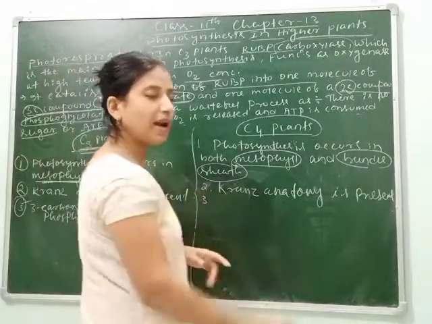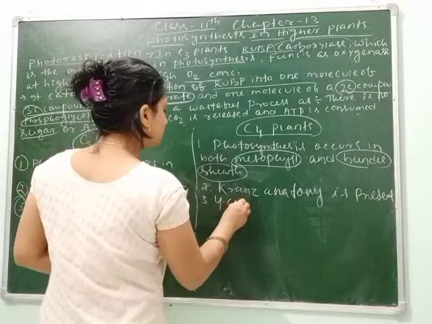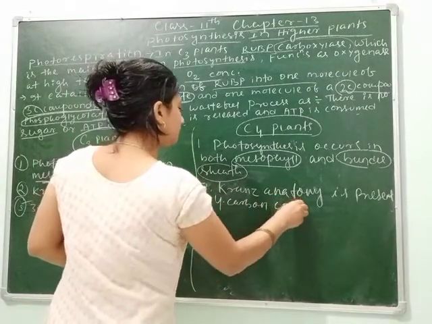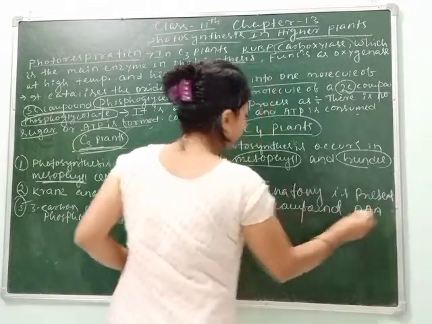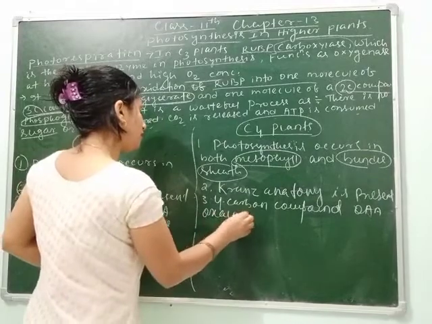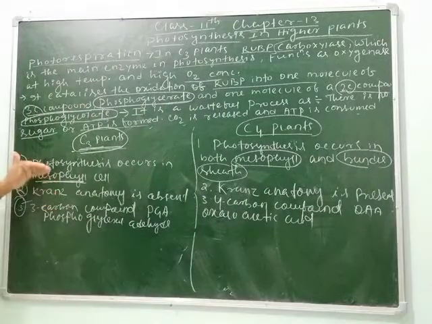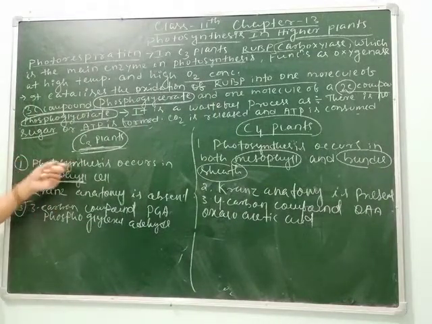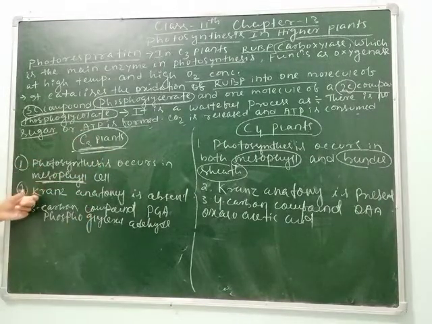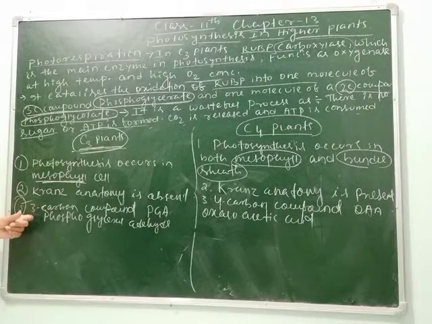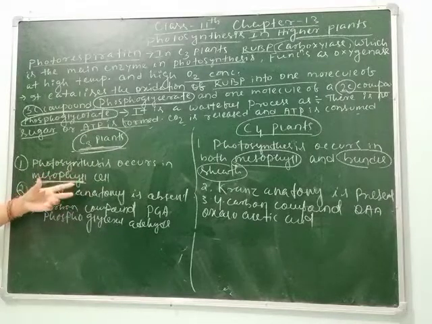Whereas in C4 plants, the first stable product is a 4-carbon compound, that is OAA, which means oxaloacetic acid. So I have told you three points: photosynthesis occurs in mesophyll cells, but in C4 plants in mesophyll and bundle sheath cells. Kranz anatomy absent, Kranz anatomy present. First stable product is phosphoglyceraldehyde, whereas first stable product is oxaloacetic acid.